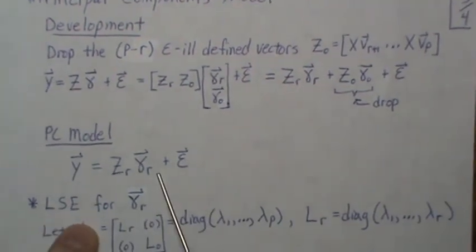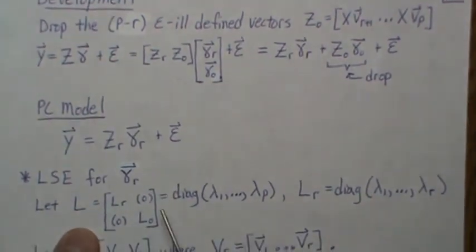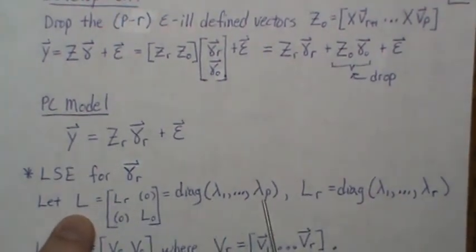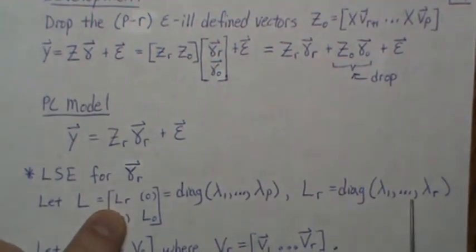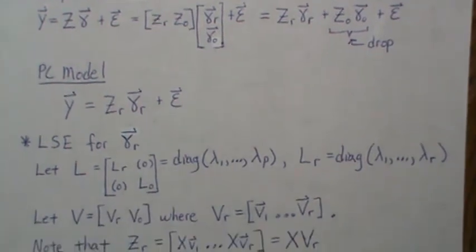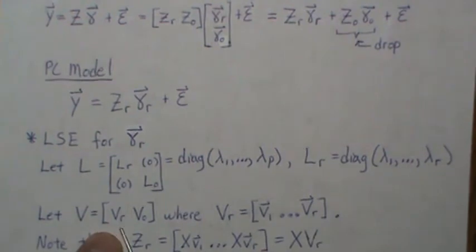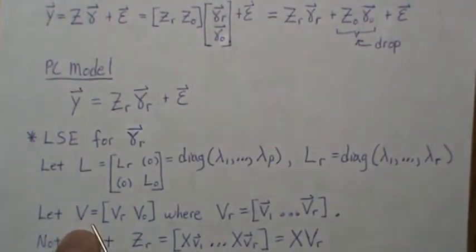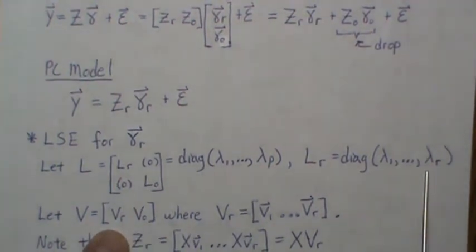So now the least squares estimate for gamma_R is, well, we need some notation first. L, remember, was a diagonal matrix of the eigenvalues, but we're going to let L_R be the first R eigenvalues and L_0 be the last P minus R. And V is the eigenvectors associated with X transpose X, associated with these.